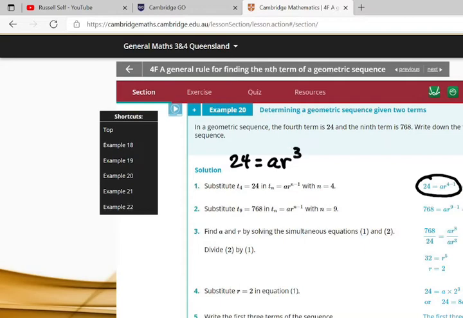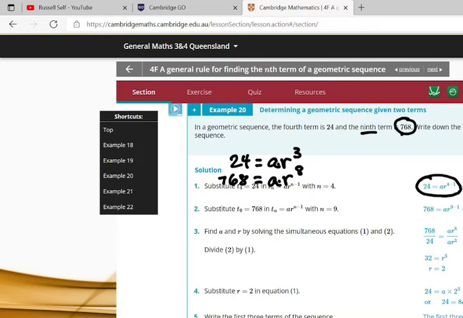Now the second one says the ninth term is 768. So again, substituting that in, 768 equals AR, and the ninth term, so that's 9 minus 1, gives AR to the 8th power. And now what I can do is solve those simultaneously. Now again, this time your A and your R are connected by multiplication.